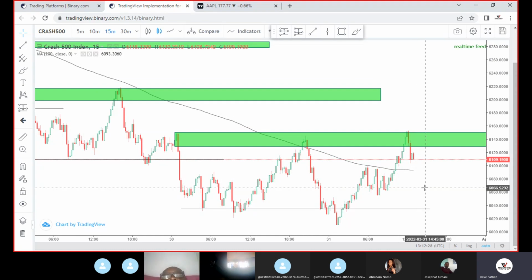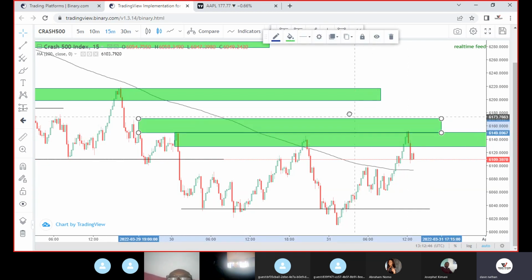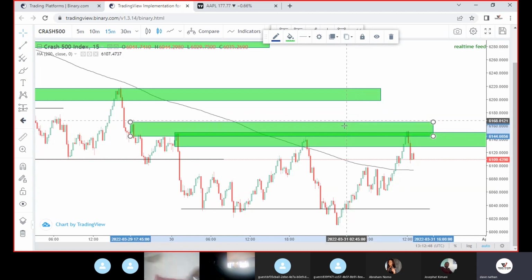So this is why I just wanted to break down the reason why I took the Crash 500 trade. It's a lot, all right, because I did expect a perfect entry. Most times we get all those sniper entries, but there is something I noticed: price actually came to this previous point.